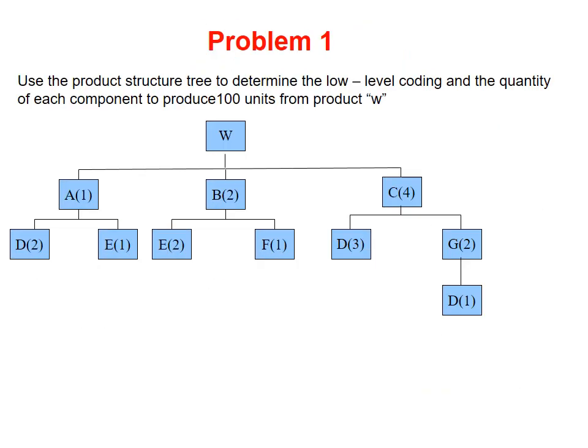Problem 1. Use the product structure tree to determine the low-level coding and the quantity of each component to produce 100 units of product W. We need now to determine the components needed to produce 1 unit of W, and then calculate the amount required from all these parts and subparts to produce 100 units.